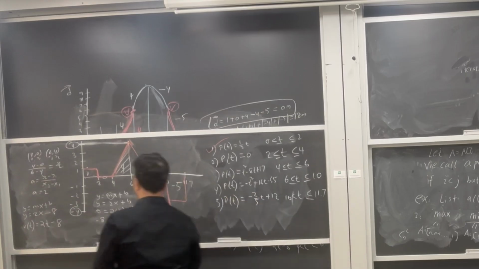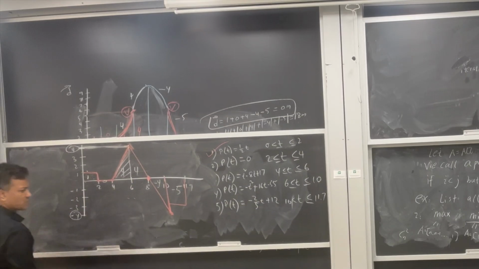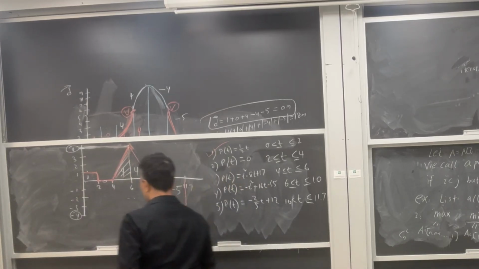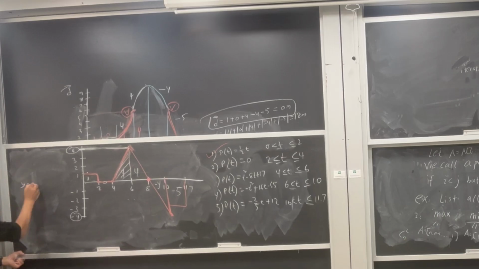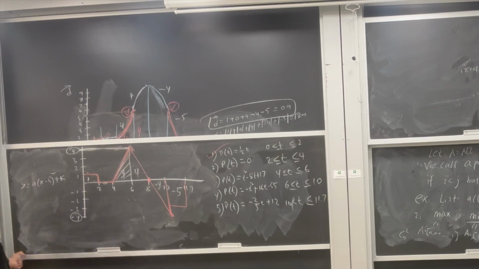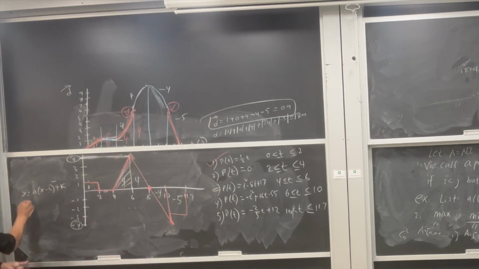Let's do the next one quickly. Of course, there are other ways of doing it. I'm going to quickly show you another way. The one is y is equal to a times (x minus h) squared plus k. So the equation is this one: t squared minus 8t plus 17.